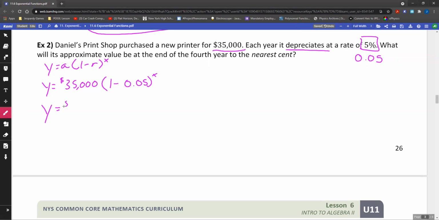And then I'm going to just simplify inside the parentheses. 1 minus 0.05 is 0.95. Now it says that they want us to figure out what it is after 4 years. So I'm just going to plug 4 in for x.